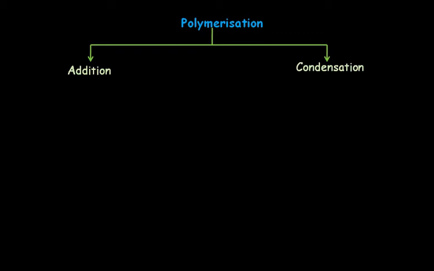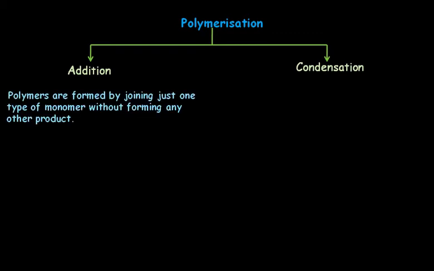Now let's understand the meaning of these two polymerizations. Addition polymerization is where polymers are formed by joining just one type of monomer without forming any other product. That is, only one type of monomer is used and only one type of product is formed in this kind of polymerization.